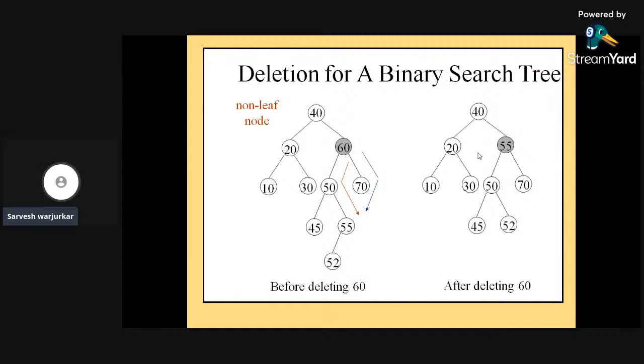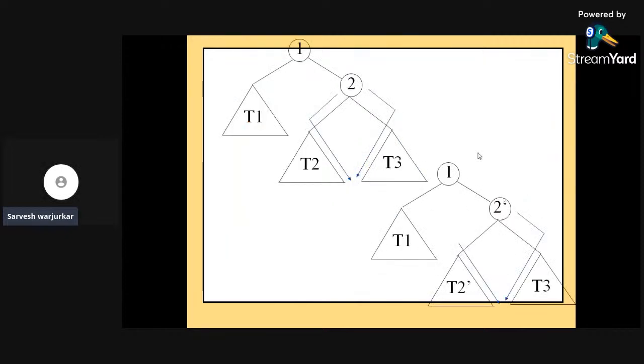Say 55 will be the proper replacement for 60, and on the left side of 55 there will be 50, and on the right side of 55 there will be 70. On the left of 50 it will be 45, and on the right of 50 it will be 52. Both diagrams are on the screen now, before deleting 60 and after deleting 60.